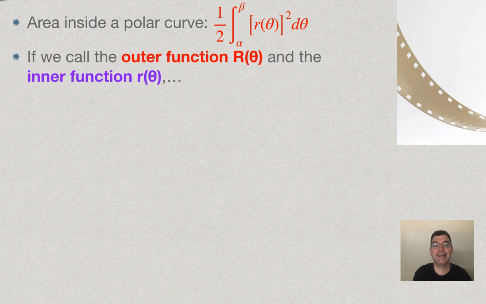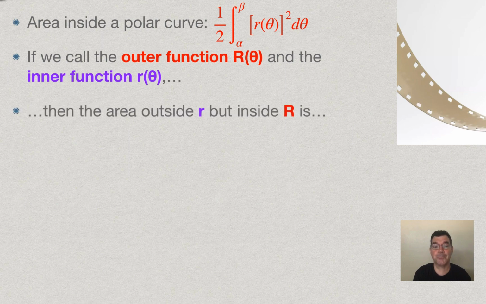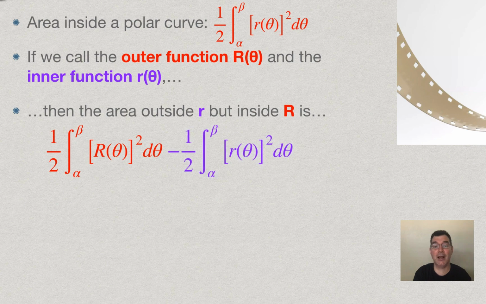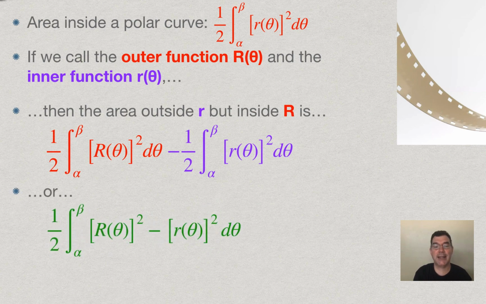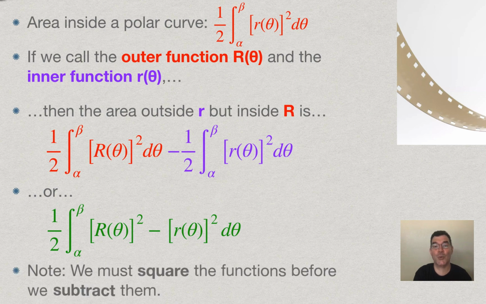So if I want the area outside of one function and inside of another, I'm going to call the outer function capital R of theta and the inner function little r of theta, so that the area outside of the inner function, but inside the outer function, is going to be 1/2 times the integral of capital R squared minus 1/2 times the integral of little r squared. And if I want to just make my life easier, I can factor the 1/2 out of both and put them in the same integral. But I have to remember to square the functions first before I subtract them.